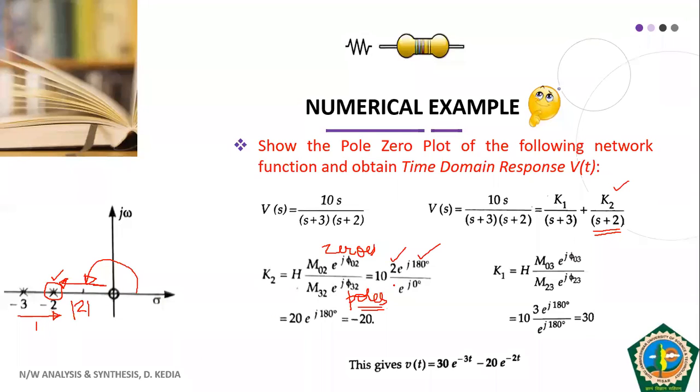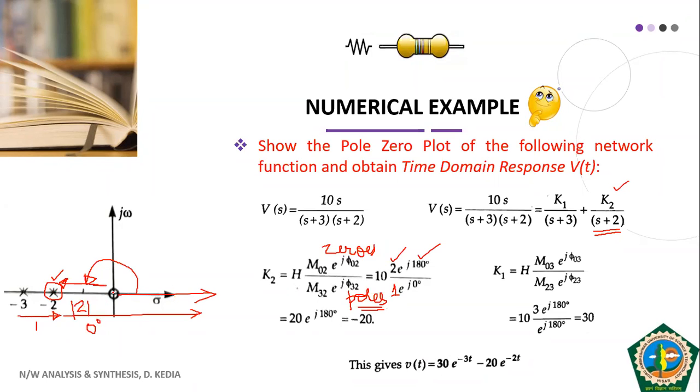See, 1 has been written here. Now the phasor angle from -3 to -2. See, this arrow or phasor is in the direction of the x-axis only. If you continue it forward, it will merge with this. How much is the angle in the counterclockwise direction? 0 degrees.